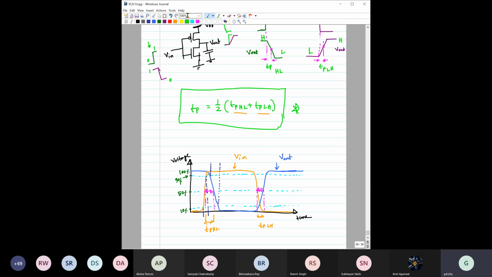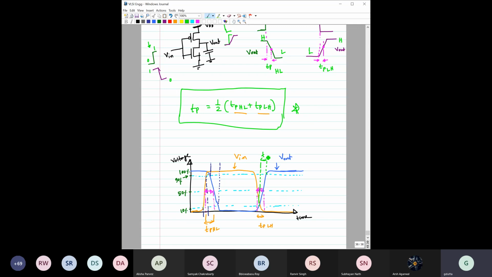Okay. And just one more minute, even less than that. You can see this output is taking this much time to change from 10% to 90%, right?